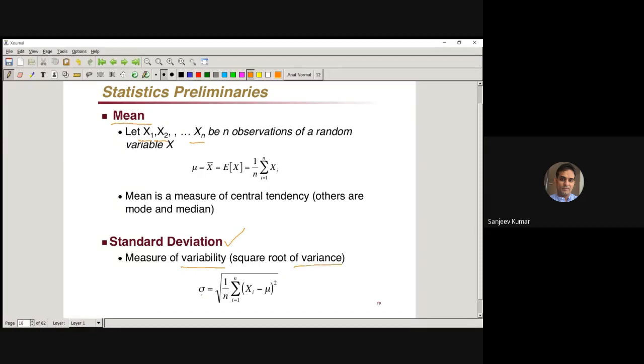If sigma is the standard deviation, then sigma squared is the variance, given by this formula. You take each observation, subtract the mean from it, take the square, and sum all those squared differences, divided by n. That comes out to be sigma squared, the variance, and if you take the square root, it will be the standard deviation.